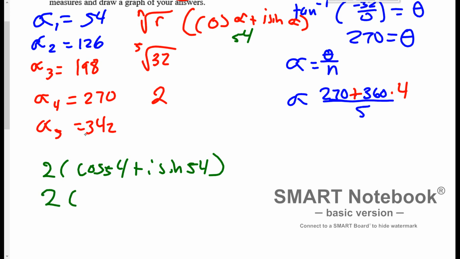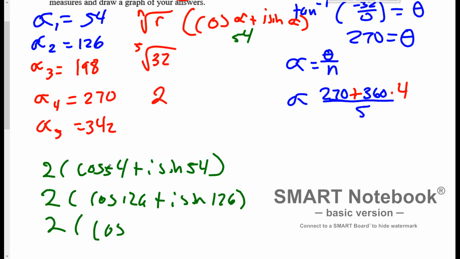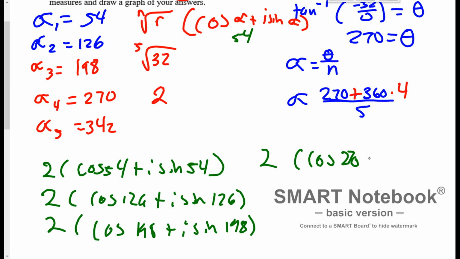Then I plug in my next alpha, 126: cosine of 126 plus i sine of 126. Then my next, 198: cosine of 198 plus i sine of 198. And then the next one, cosine of 270 plus i sine of 270.